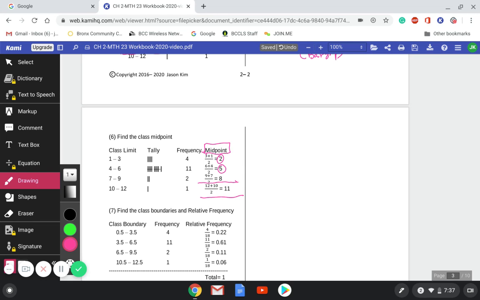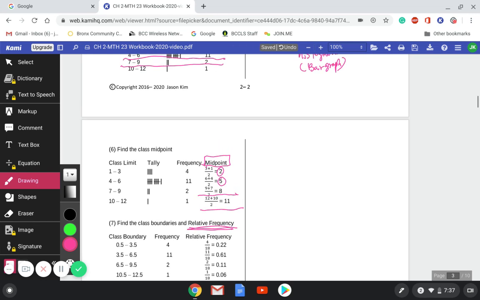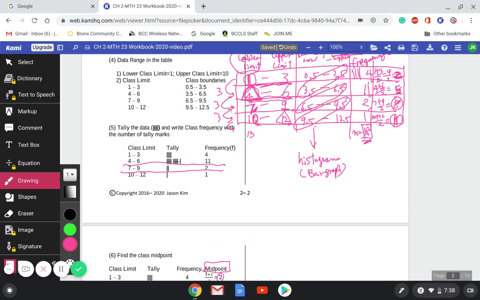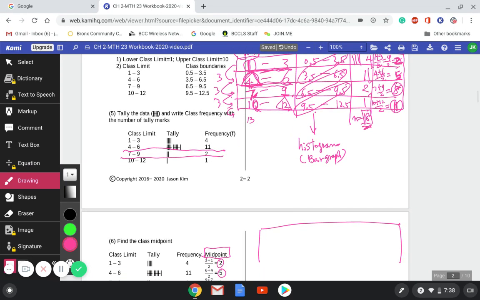So then next one is how to find the relative frequency. So I run out of the space, so I'm making another table. So it was 1, 2, 3, and there was 4 in frequency for the first one. It was 4 through 6, and frequency was 11.